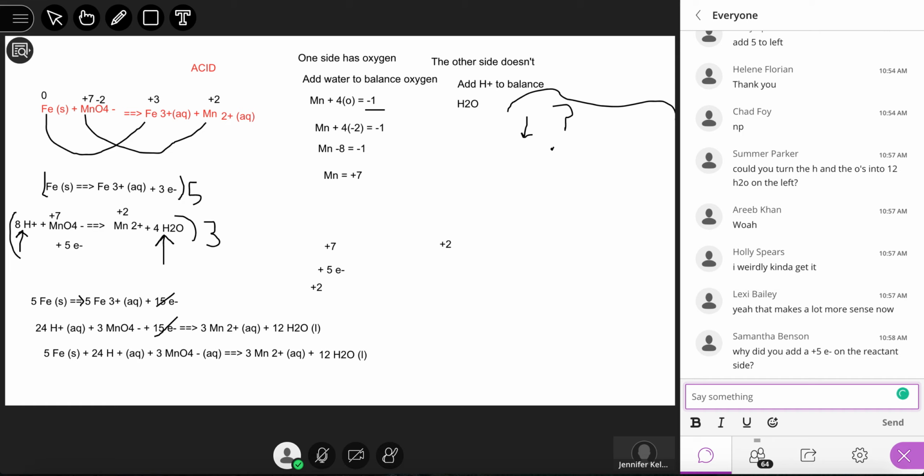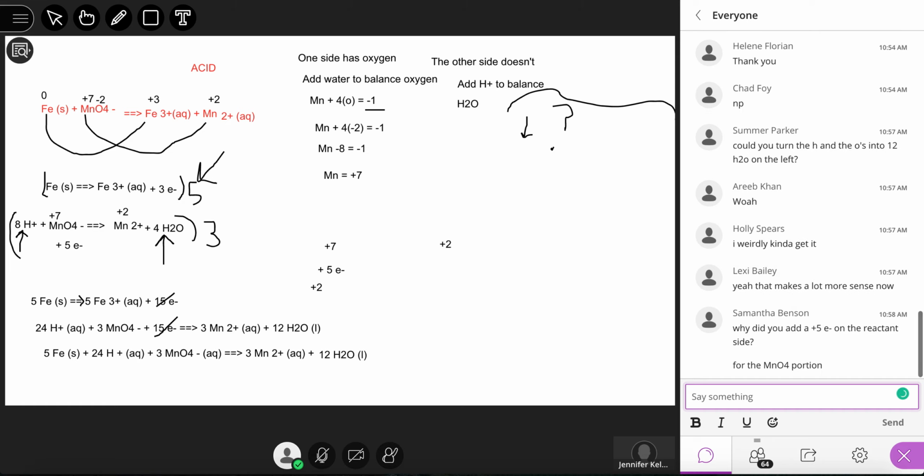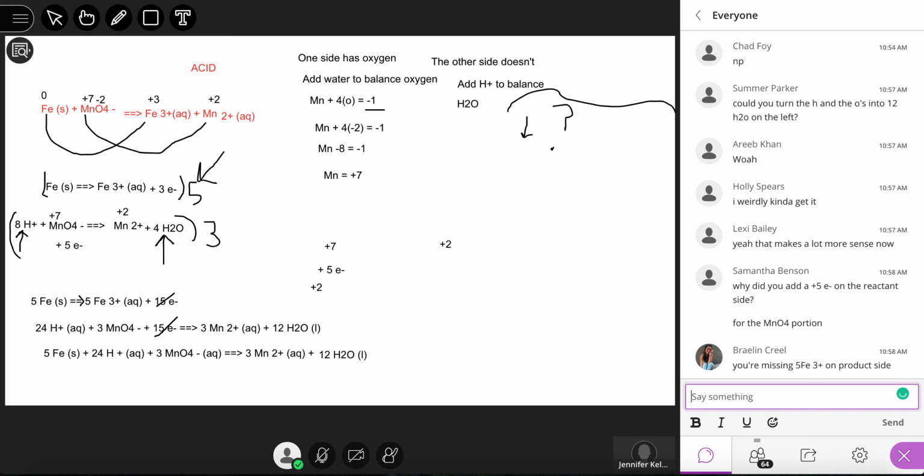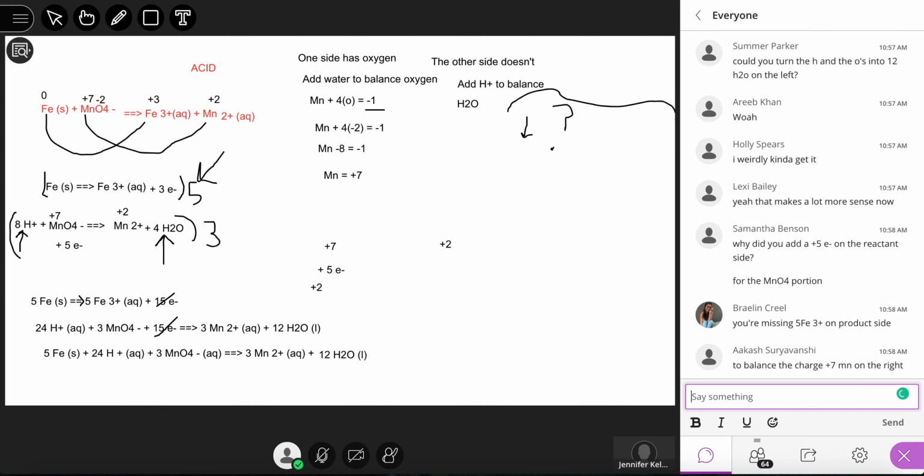The reason I added 5 electrons on the reactant side, or are you talking about right here? Is that what you mean, Samantha? For the MnO4 portion. Oh, okay. The reason I added 5 electrons there is that manganese was +7 here, but it's +2 on this side, and we want it to equal the same thing.